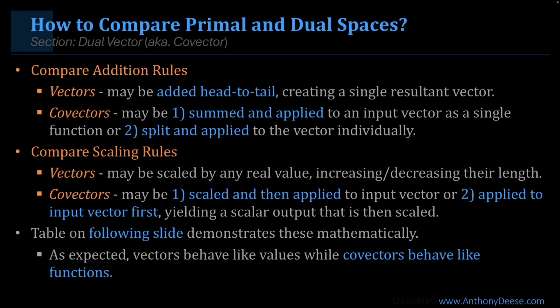Okay, so let's take a look here. Vectors may be added head to tail, creating a single resultant vector. We've seen that already. Covectors, however, may be summed and then applied to an input vector as a single function, or split and applied to each vector individually.